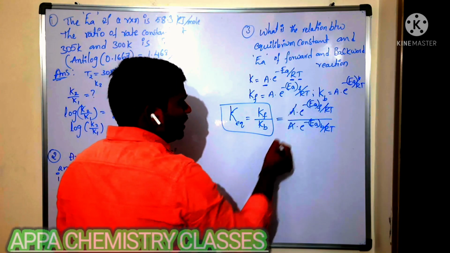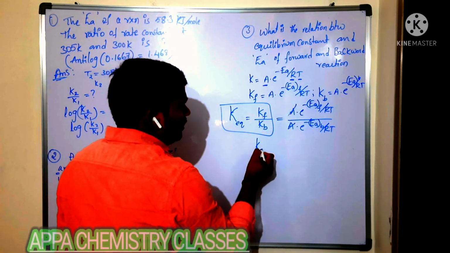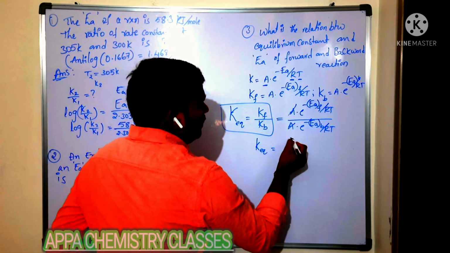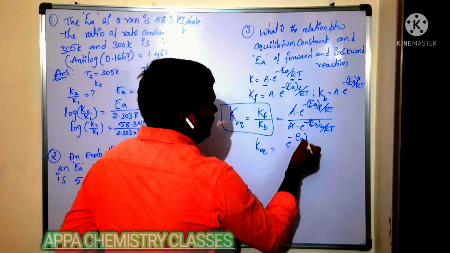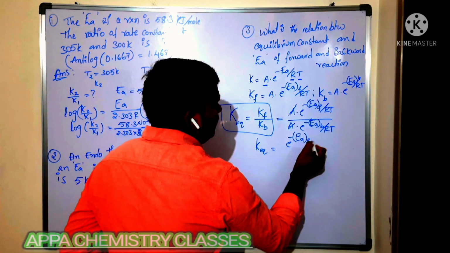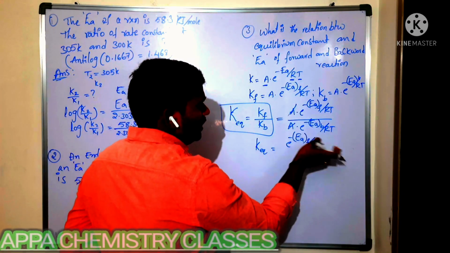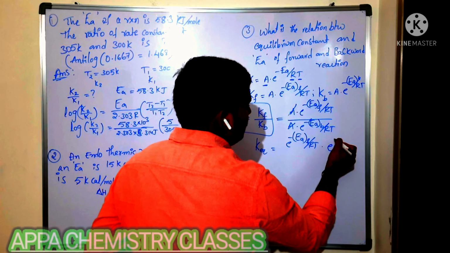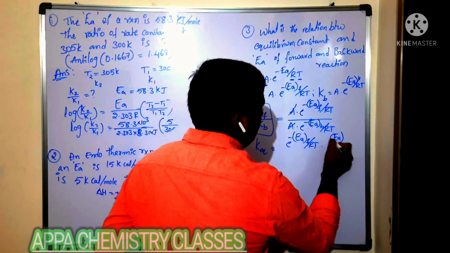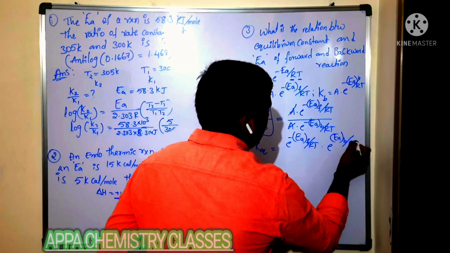Now what happens? A gets cancelled. So K equilibrium is equal to e power minus EaF by RT. It will go up from the denominator, then it becomes plus Ea backward direction by RT.